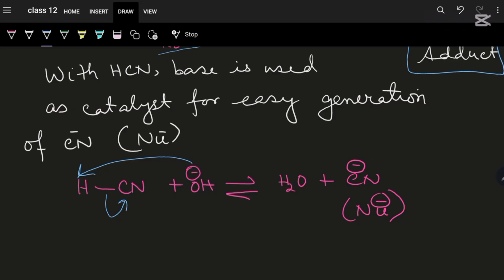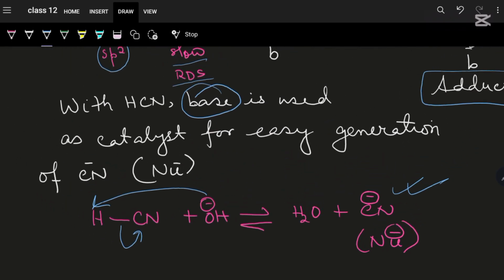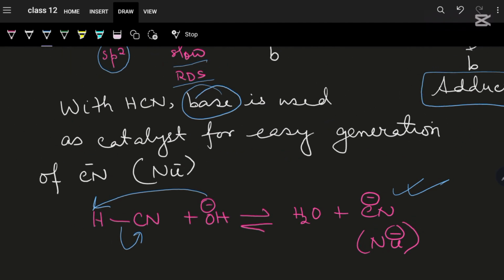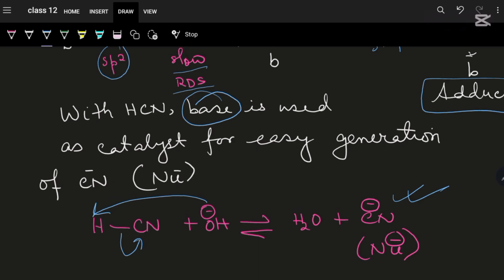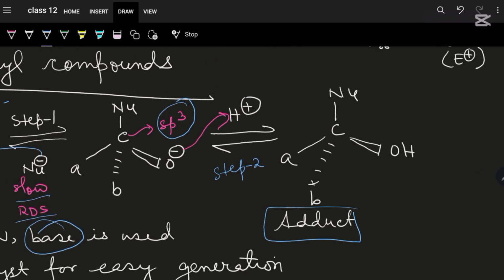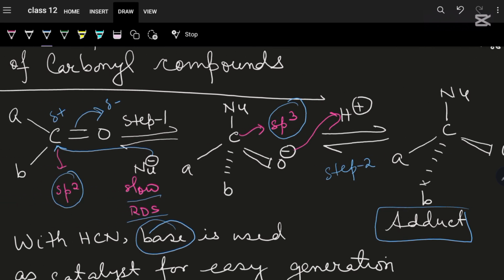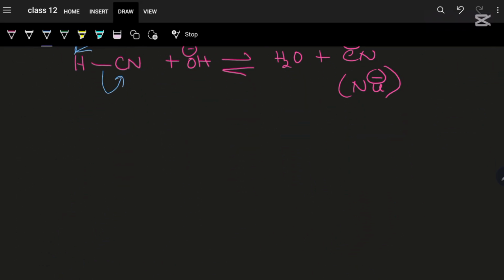So HCN will generate the CN minus nucleophile with the help of a base, because the base abstracts the proton and there is generation of CN minus, and this CN minus will act as a nucleophile and can form a cyanohydrin with carbonyl compounds.